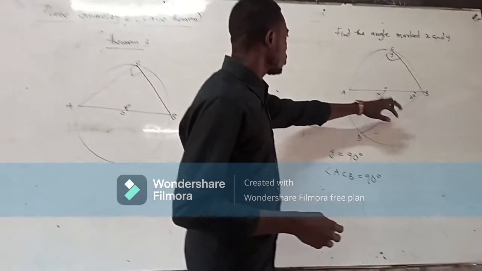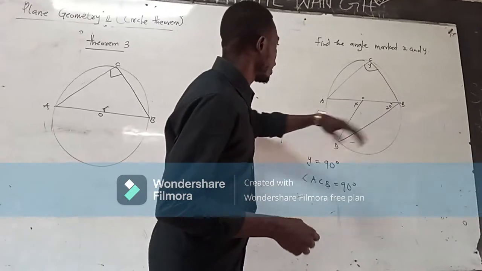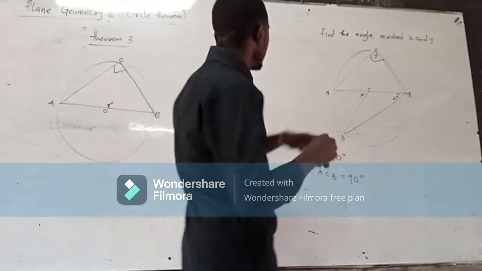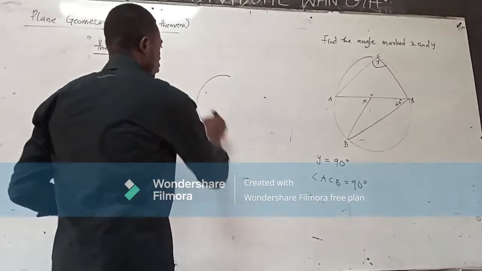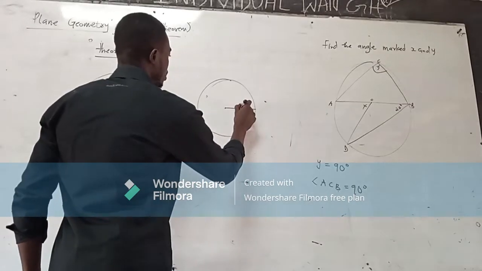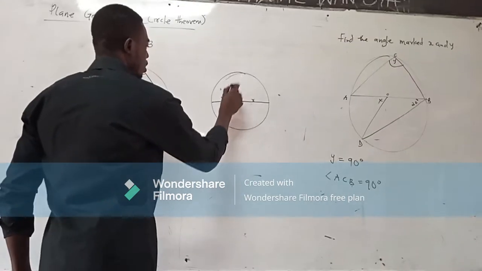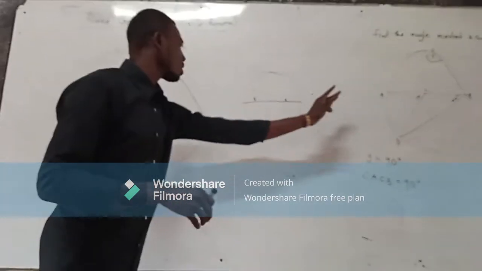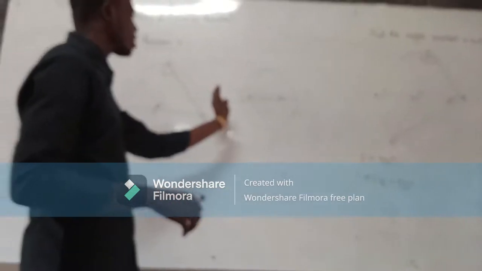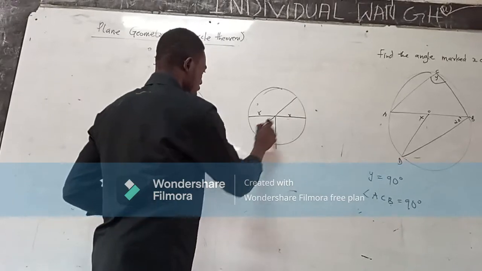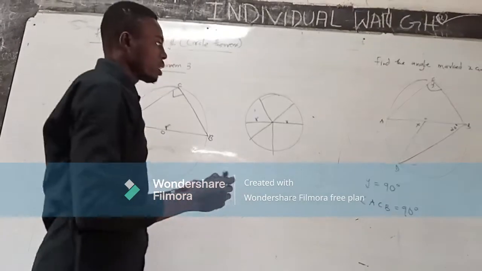Okay, we are done with the Y. Let's find the X. You can see that in any circle that we draw, this one is the center. If we have a radius here and a radius here, the two radii are the same. The left hand side radius is the same as the right hand side radius. When you draw another radius anywhere, it's still the same.